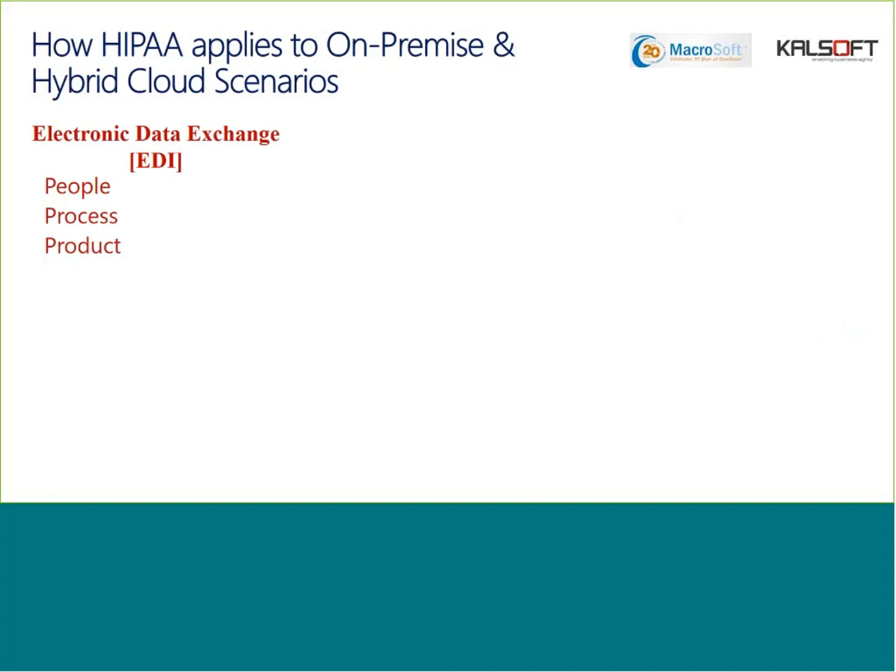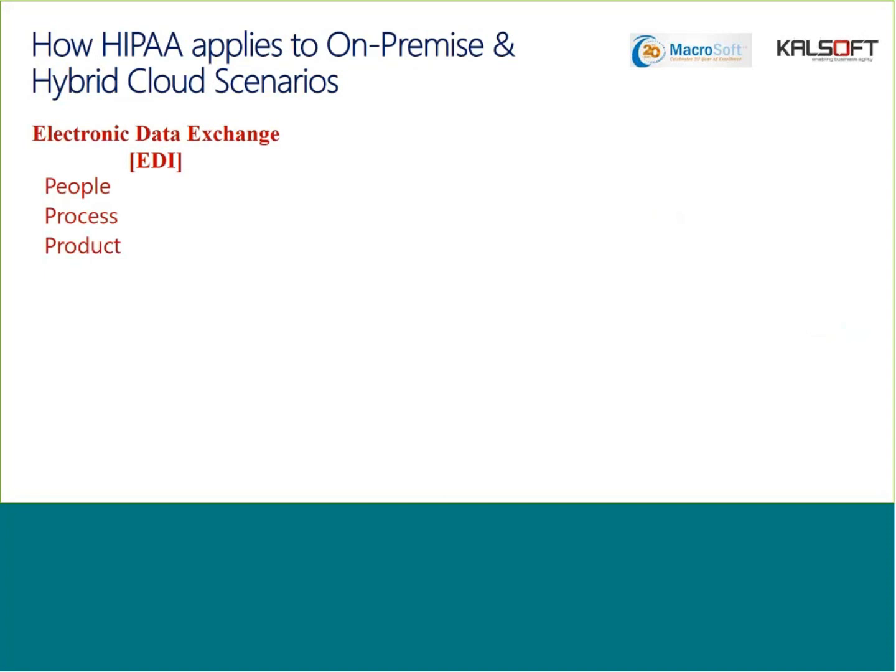But since we are more focused on the IT or technology component, I'm going to take one of the HIPAA rules, which is around electronic data exchange, called EDI. The EDI rule provides regulations on multiple levels, and I have broken it down into three.